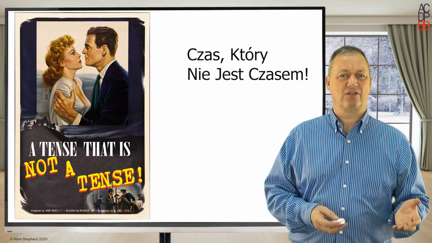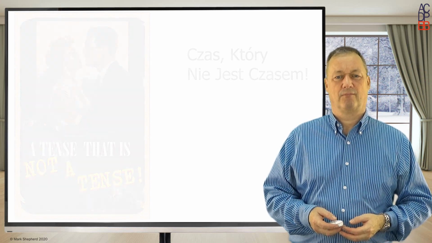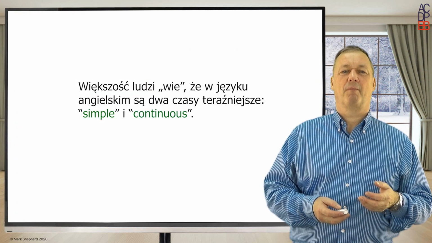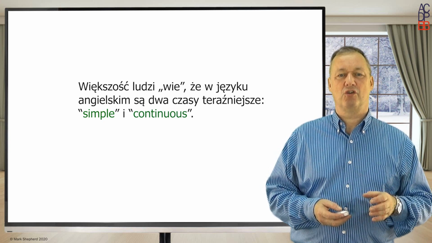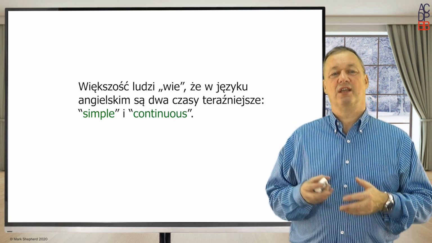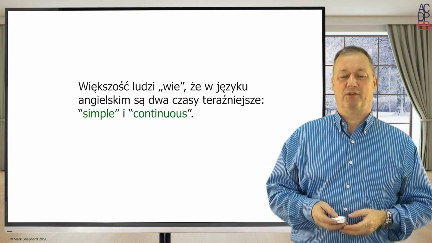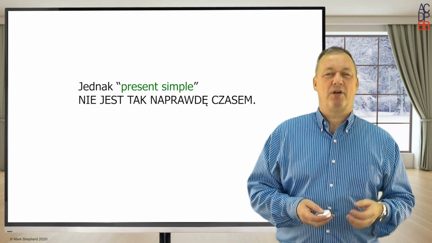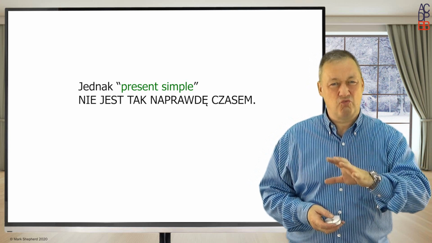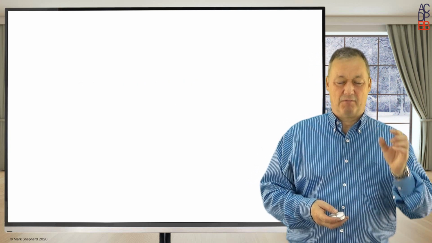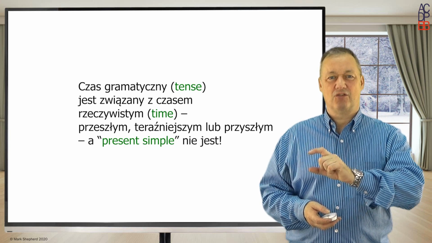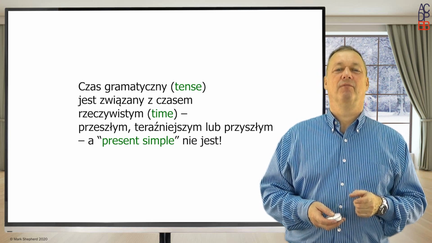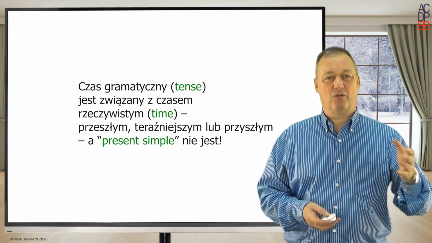So the second thing we need to understand is that English has a tense that is not a tense. Most people know that in English there are 2 present tenses, the simple and the continuous. However, the present simple is not really a tense because tense is related to time: past, present or future.